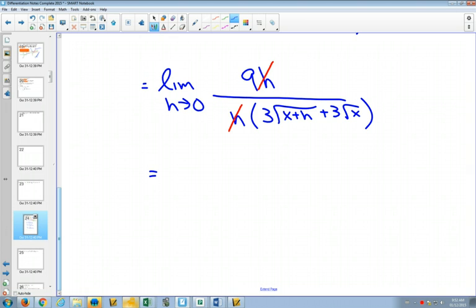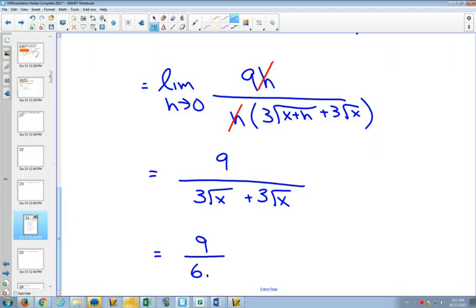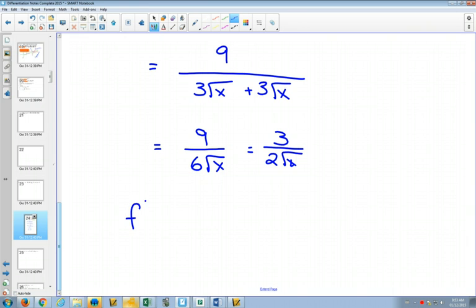Because if I plug in 0 for h now, I'm just going to get 9 on the top, and I'm going to get 3 root x plus 3 root x on the bottom, which will become 9 over 6 root x, or 3 over 2 root x. So we can say in the end that our derivative is equal to 3 over 2 root x.